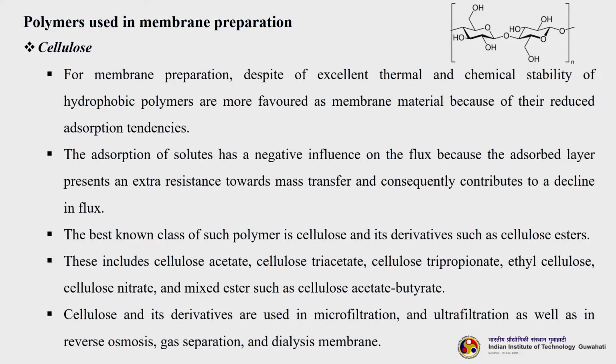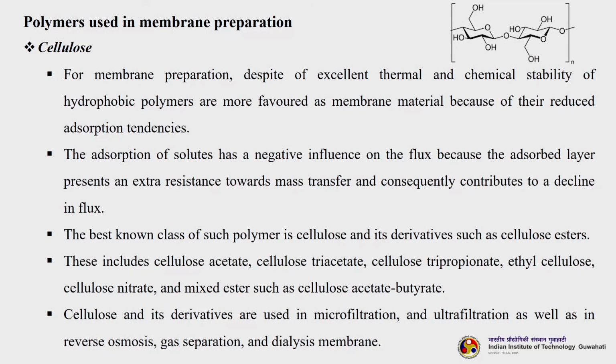For membrane preparation, despite the excellent thermal and chemical stability of hydrophobic polymers, they are more favored as membrane material because of the reduced adsorption tendencies. Hydrophobic polymers are more widely used because their adsorption tendency towards solute is very low, so the deposition of solutes on the membrane surface and the consequent fouling will be less.